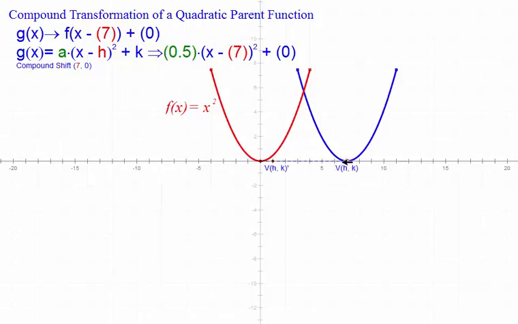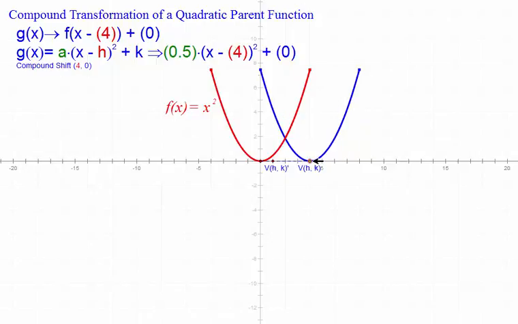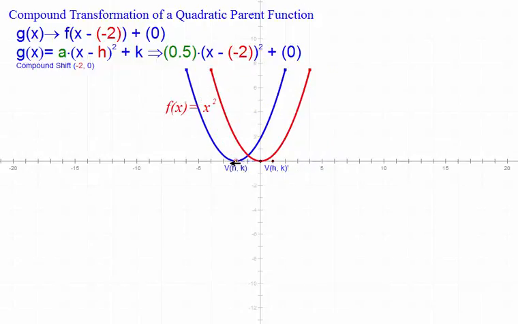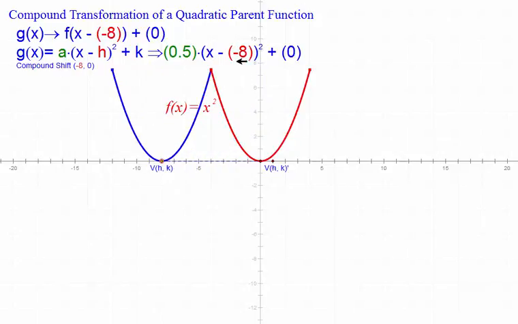When I move it, so when it is moving to the right, the sign is negative here. What happens if I move this one to the left from the origin? You can see when it is moving to the left, it is minus negative 8, which means it has moved to the left 8 units.